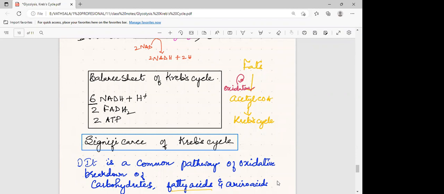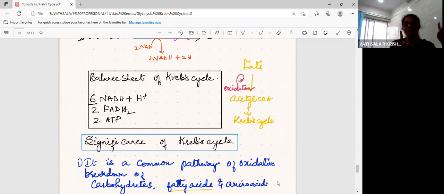Ma'am, when glyceraldehyde 3-phosphate breaks down to give 1,3-biphosphoglyceric acid. Aldehyde, remember, when aldehyde becomes acid by the removal of hydrogen, there the first oxidation takes place. That is NADH. So why 2 NADH, why not 1?